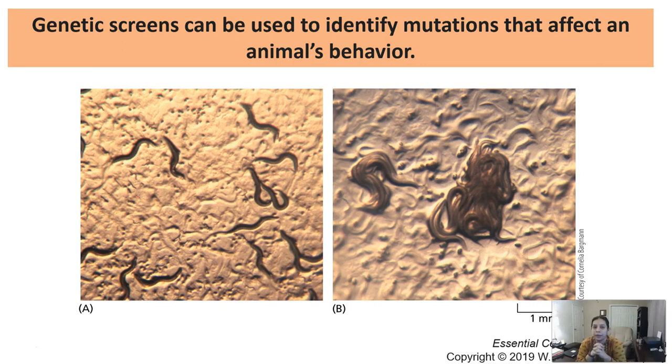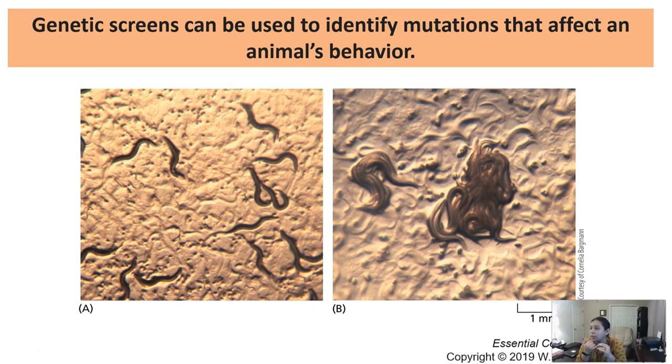Another thing we can do with these type of screens is that we can actually try to knock down a gene of interest, and we can see what it does so that we can see what the possible function of that gene of interest is. So this is done doing something like genetic screens on animal behavior.